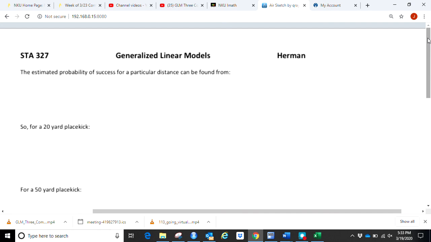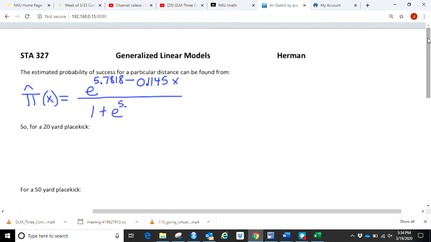Using that alpha hat and beta hat from my output, that's going to tell me my estimated, that's why I'm putting a hat here on my pi, of x is going to be e to my alpha hat, which was 5.7818, minus 0.1145 times our distance, which was our x, over 1 plus e to this value as well.